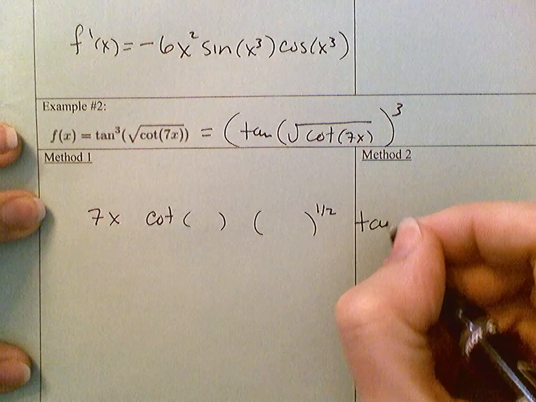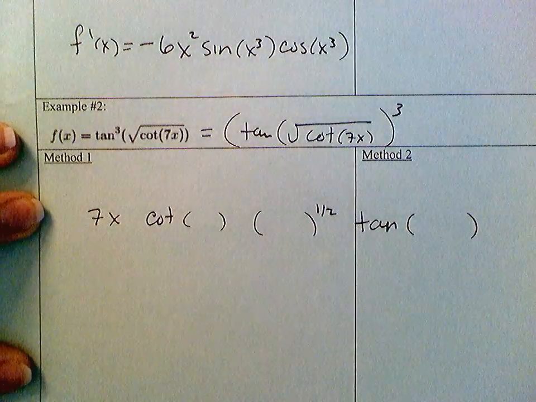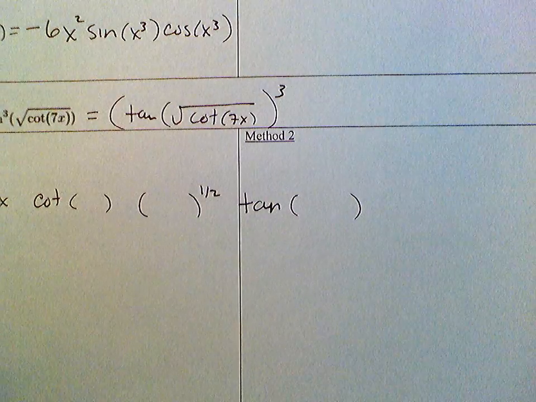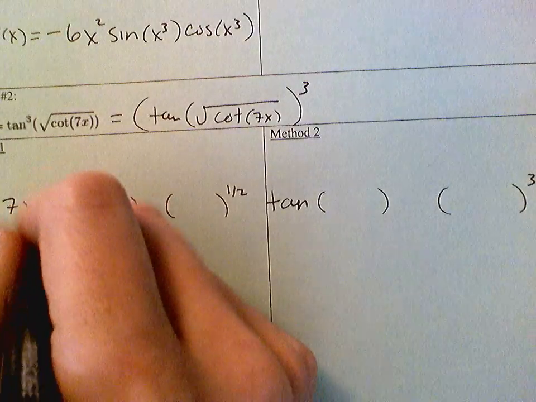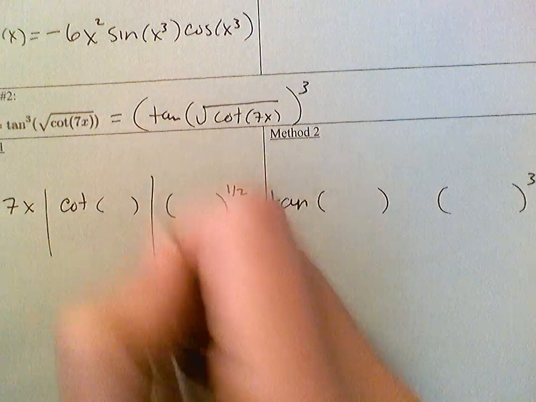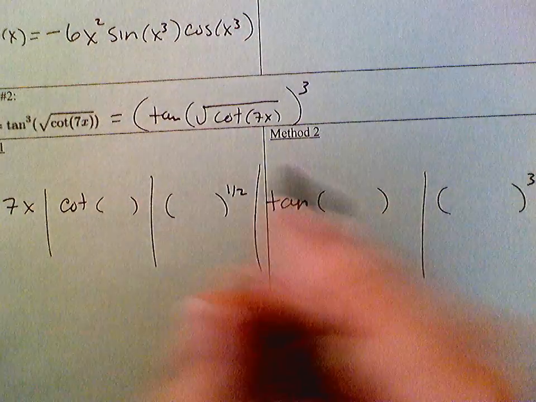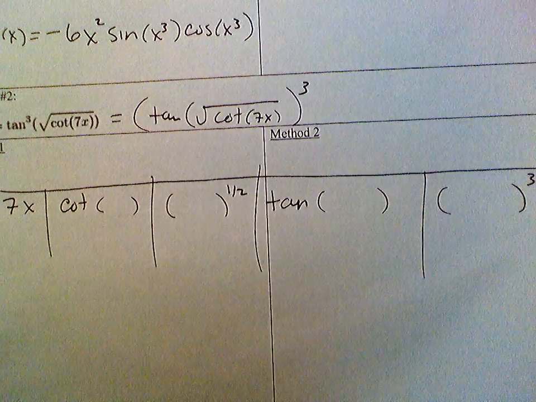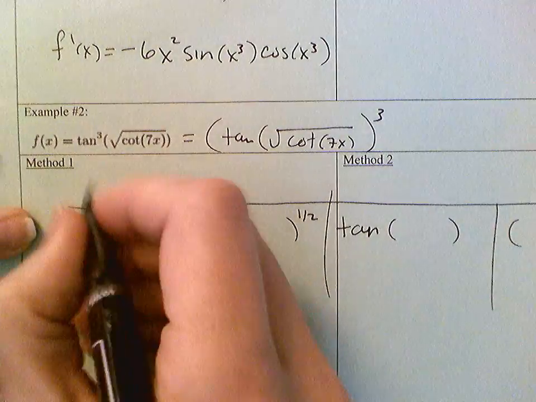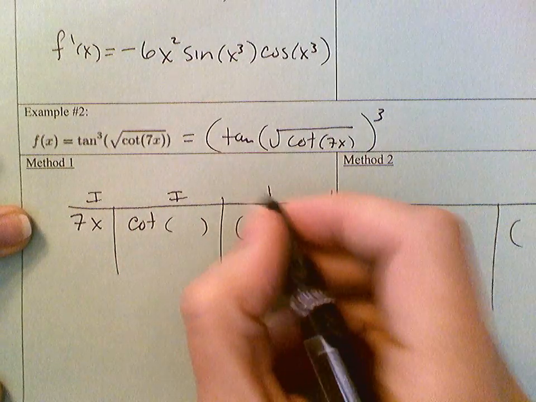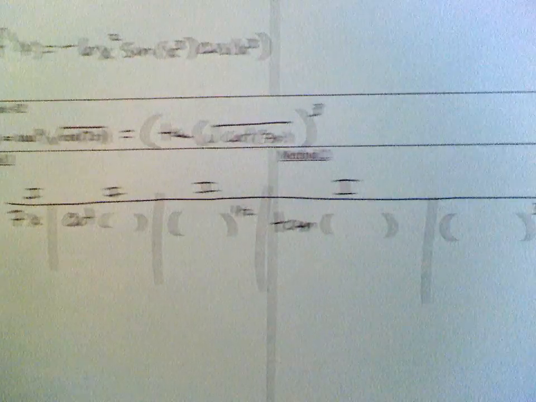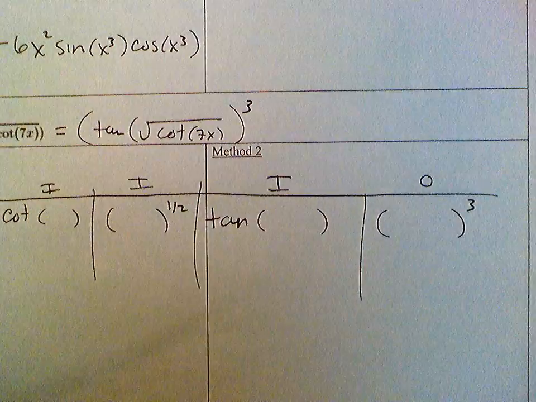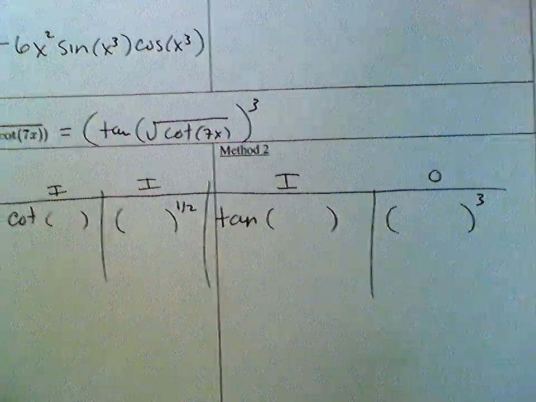I'm not doing the second method, guys, so I'll just run over here. That is inside of tangent, and tangent is inside of blank to the third. Now, when I started talking, I wasn't sure how many columns I'd have. That's why I didn't do the columns first. So you don't even have to do these, but these are all the functions. So I've got 4 functions all inside of blank to the third.